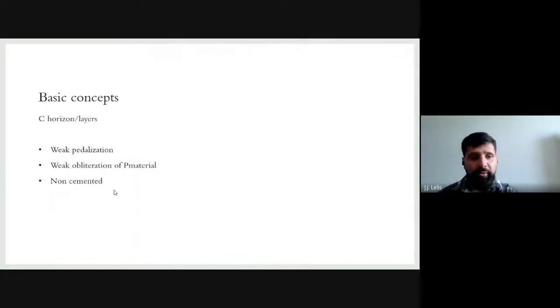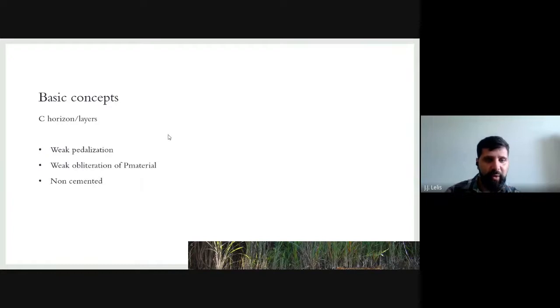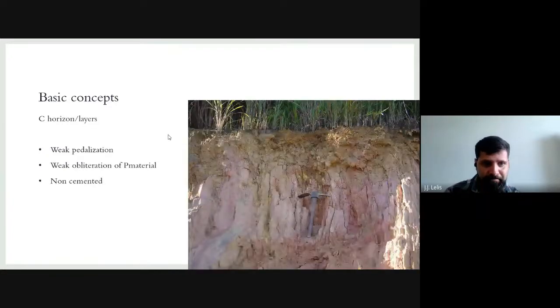We also have the C horizon or C layer, which are horizons or layers that have weak pedalization, a weak obliteration of the parent material, and they are not cemented. So we can identify a lot of materials that are quite similar to the parent material. We can identify a lot of bodies of rock.